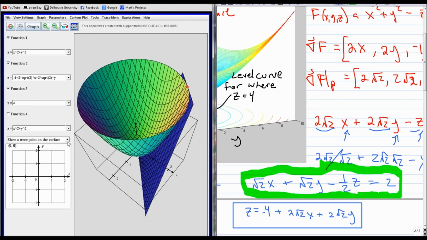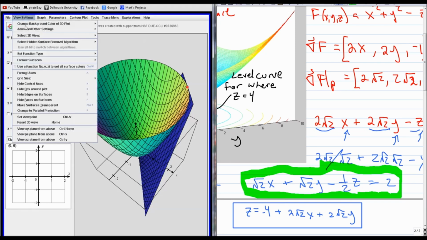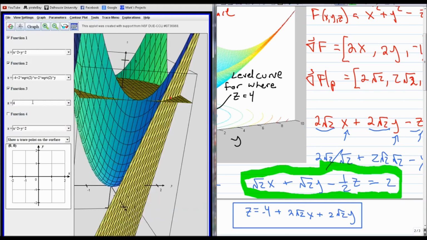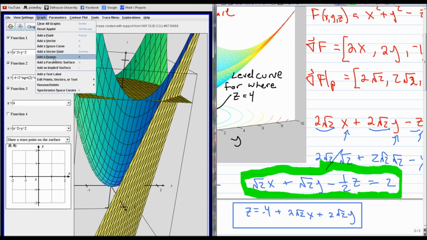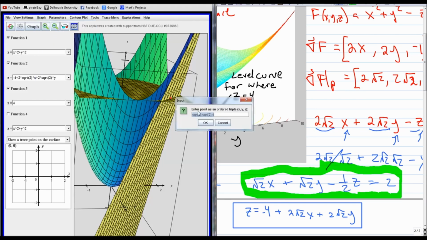Okay, so there you go. I'm just changing some of my domain and range and all that kind of stuff, and I added in the point root 2, 4. Okay, so you can see here I put in a plane for where z equals 4. So you can see that it slices our graph at that point there, and I added the point root 2, 4.